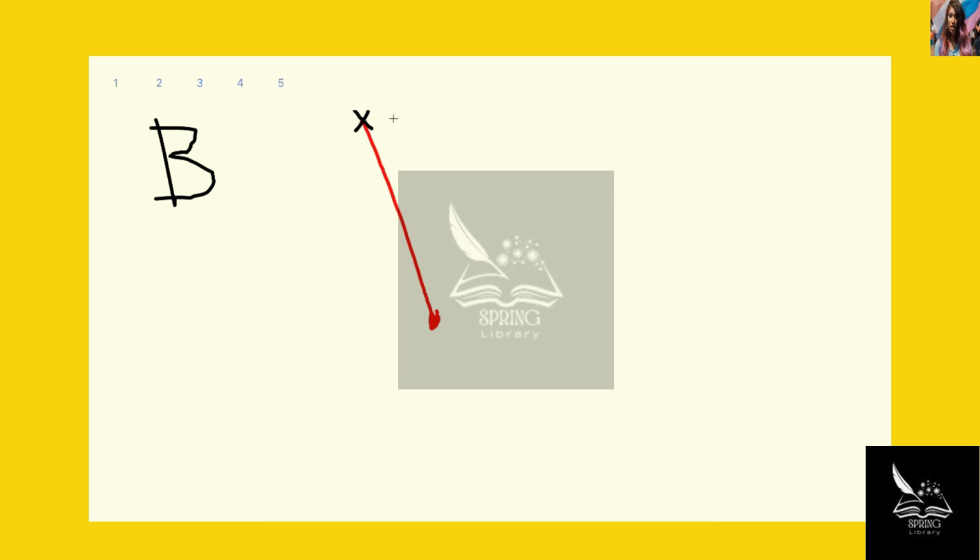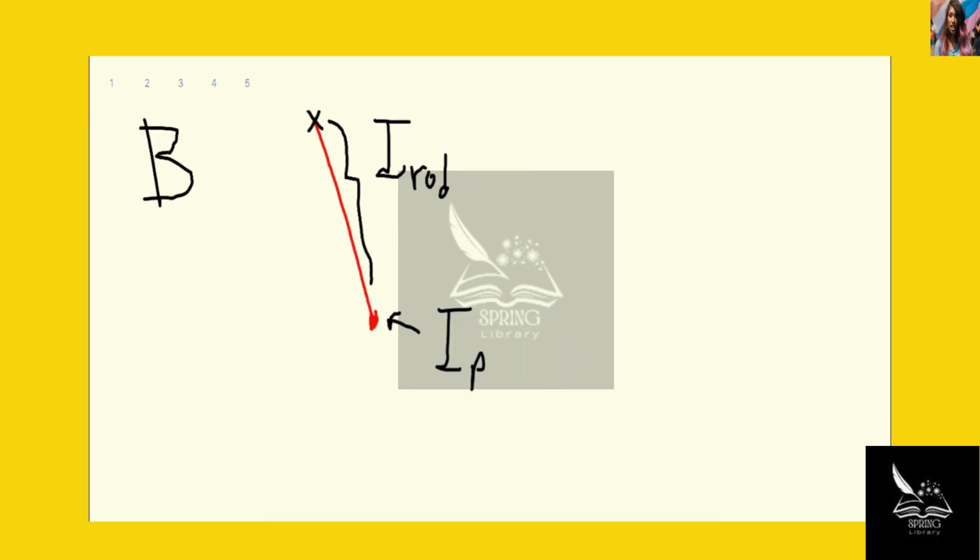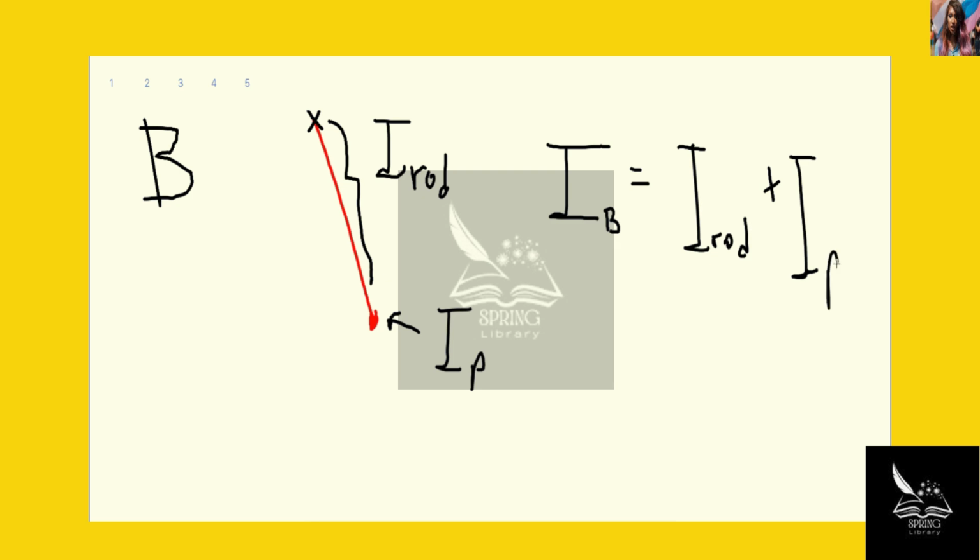So if we say this part has a moment of inertia I rod, and this has the moment of inertia I point, IP, we'll say the total moment of inertia for this system, IB, is I rod plus IP.